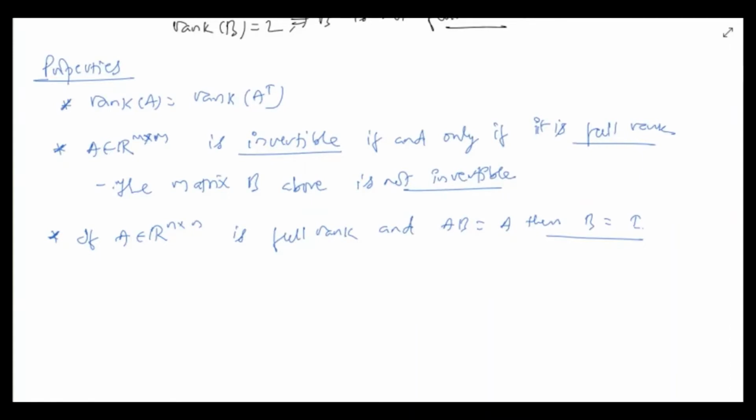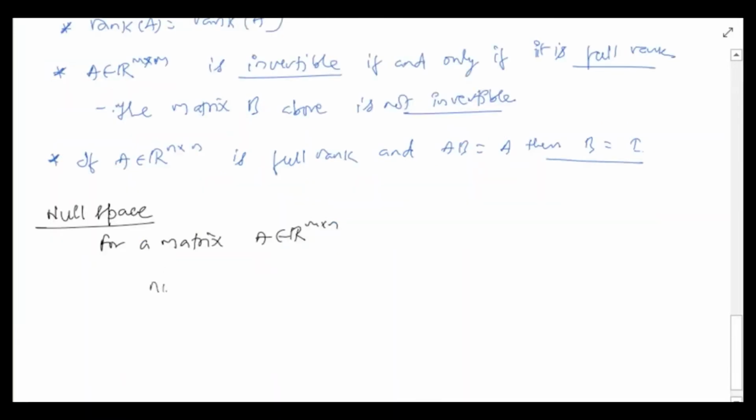The next thing that we will see is what we call null space of a matrix. Given an m cross n matrix A, its null space, denoted as null of A, is the collection of all vectors in R^n such that A times x is equal to 0.